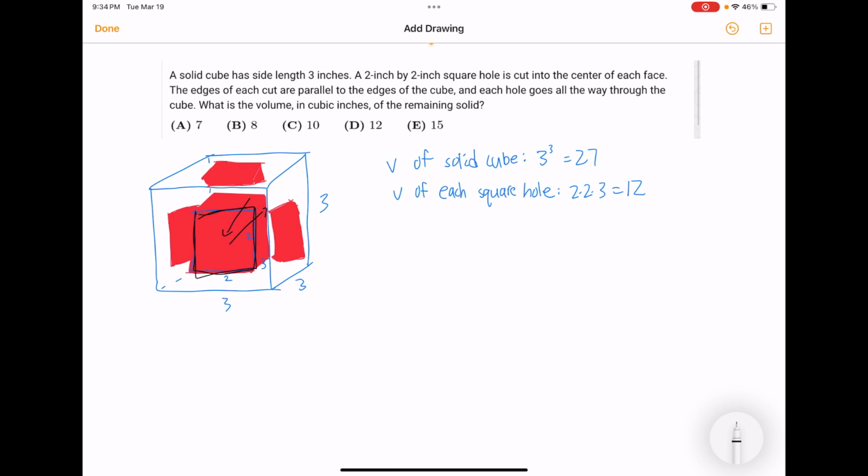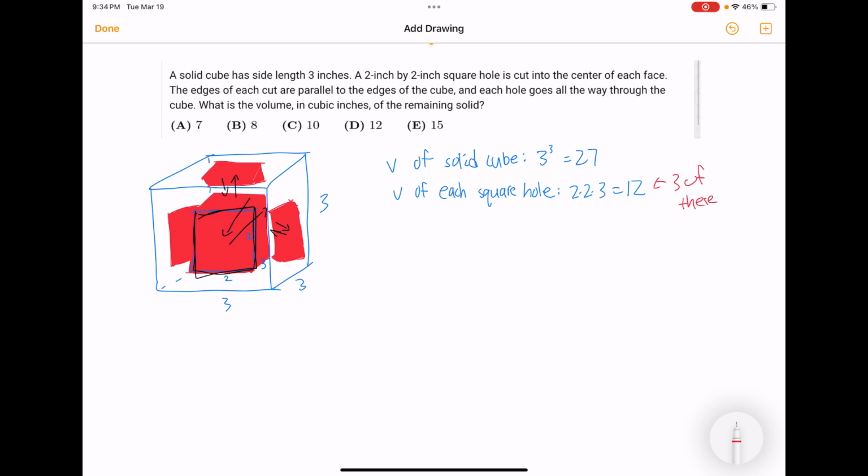So if you see here, these two are actually the same square hole. The same thing applies to the side ones and then the top and bottom ones. It's the same hole going through. And so there are technically 3 square holes in all, and so we have 3 of these.